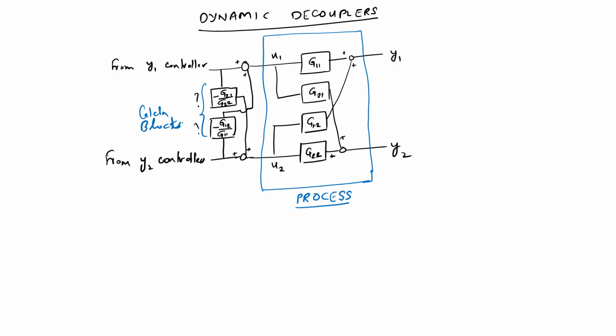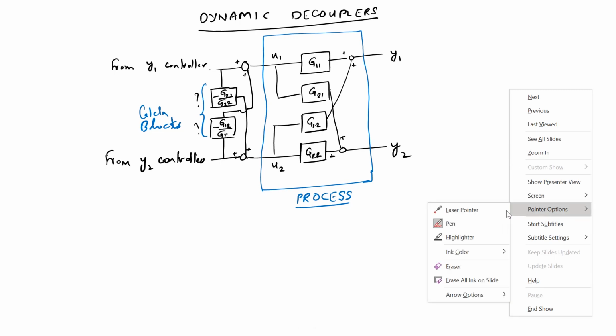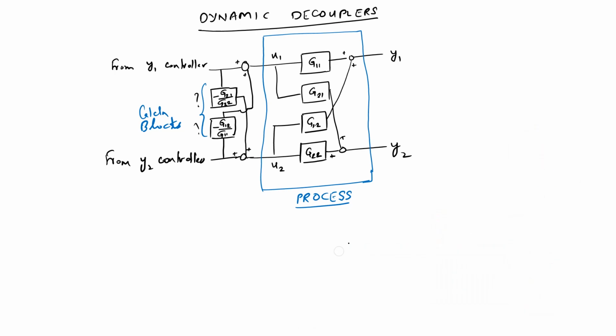And with these calculation blocks in place, assuming that the cancellation is perfect, you will find out that if you obtain the transfer function, and let's call this signal u1 star, and this signal u2 star.